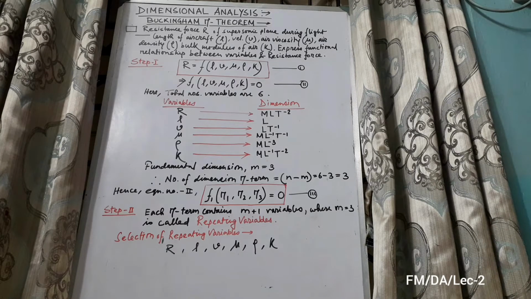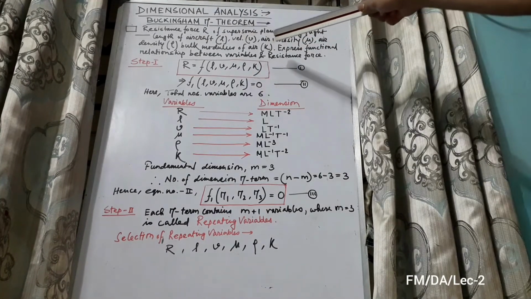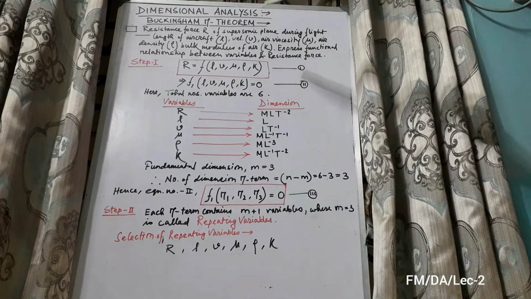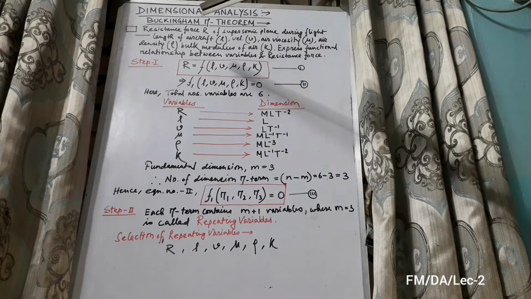In this problem, the resistance force of a supersonic plane during its flight, the length of aircraft L, V, mu, density and bulk modulus of air K. These are all independent because these factors affect the resistance force.